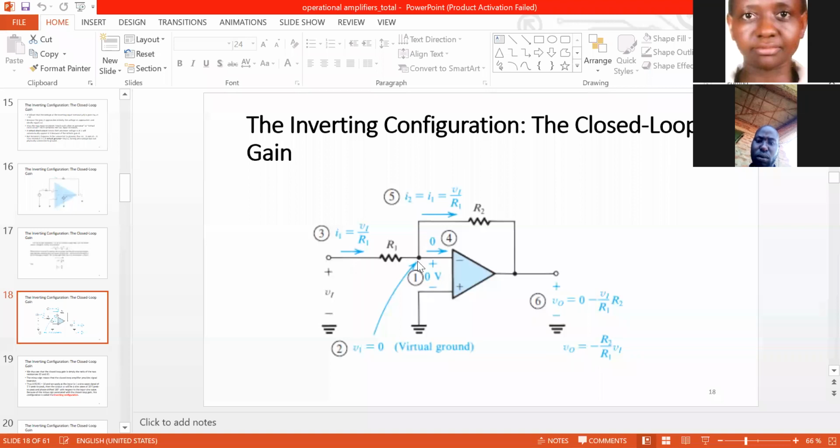So the current flowing through R2, denoted I2, is equal to I1, which is also equal to Vi over R1. I hope that is clear.